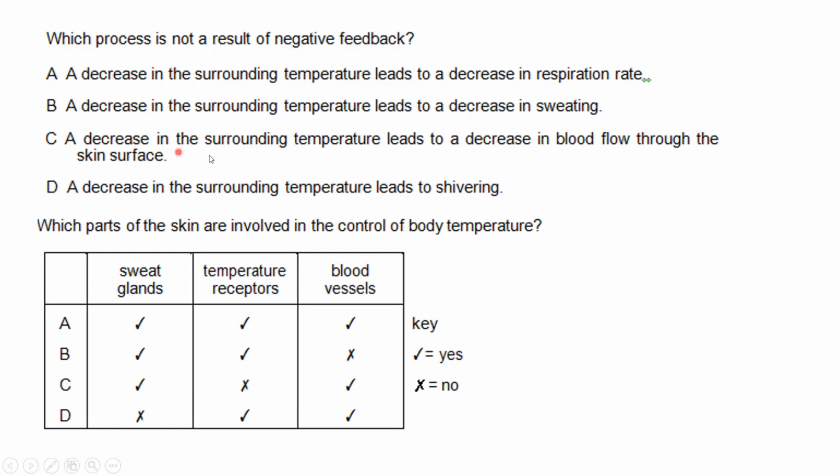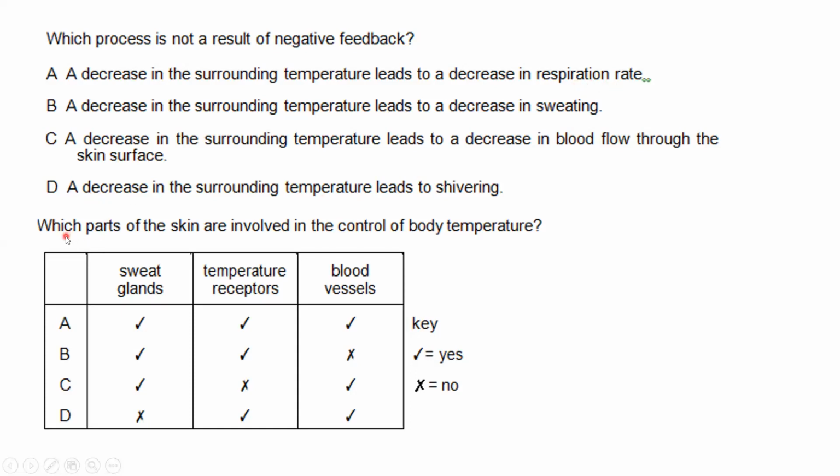A decrease in the surrounding temperature leads to a decrease in the blood flow through the skin surface, that is homeostasis. A decrease in surrounding temperature leads towards shivering, that is homeostasis. So the right answer is A, that a decrease in surrounding temperature doesn't have a link with the decreased respiration rate.